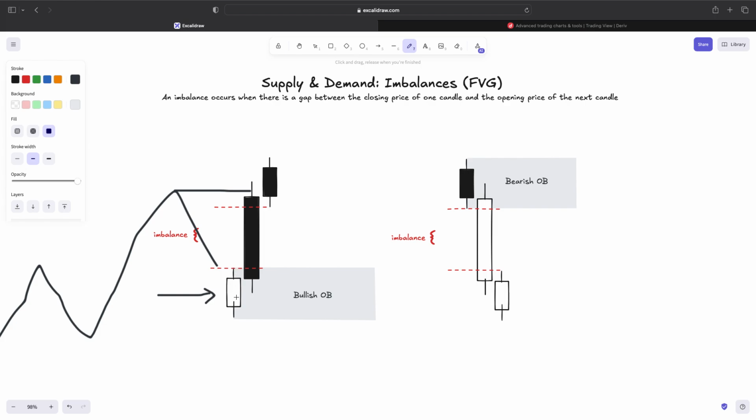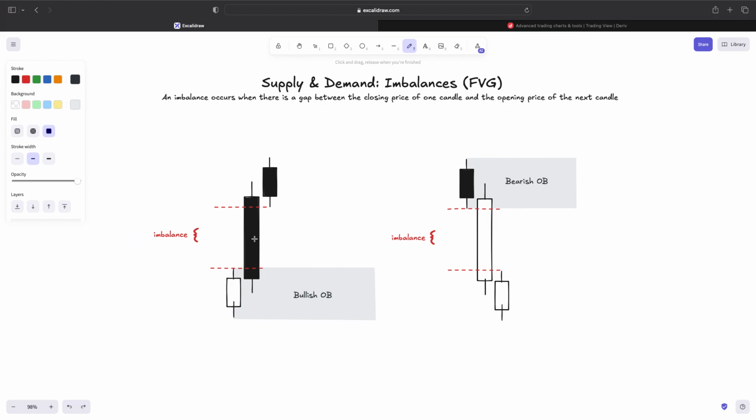Now, when we are looking at the candles, because we have three candles here, we're going to look at the first candle, second candle, and the third candle. We're going to make a comparison between the first and the third candle. If the first candle's wick is not touching the third candle's wick, they form what we call an imbalance.